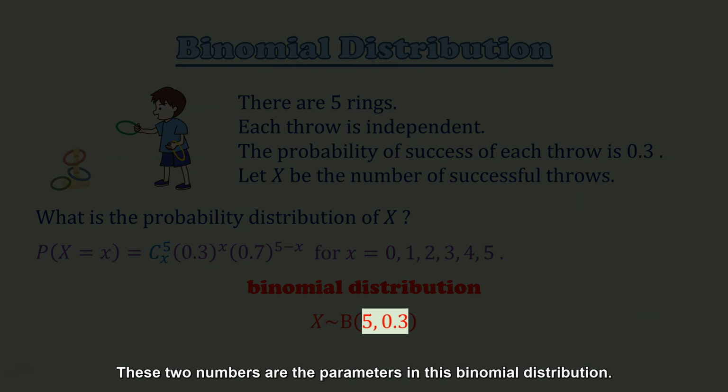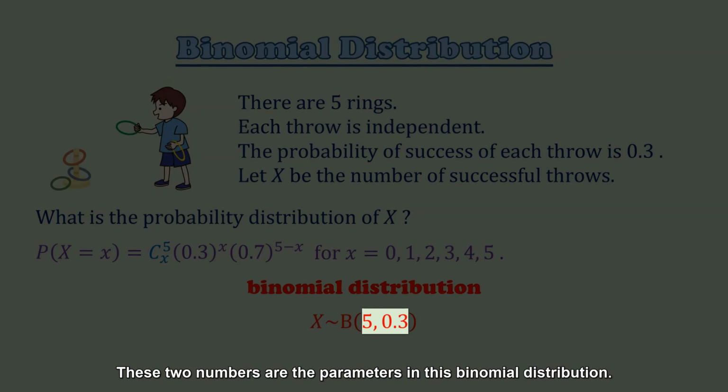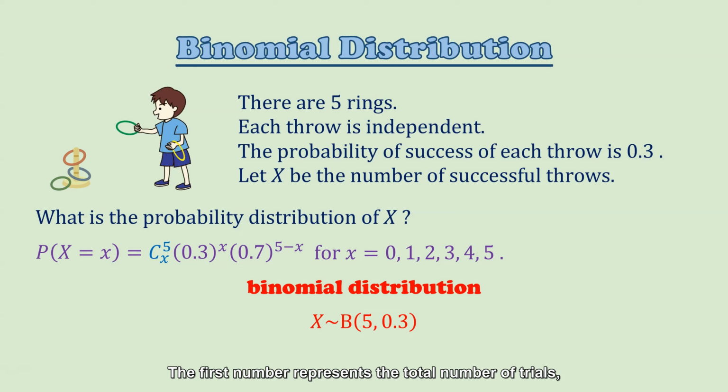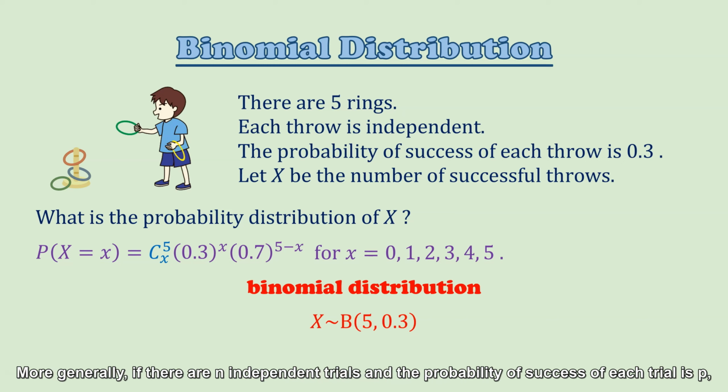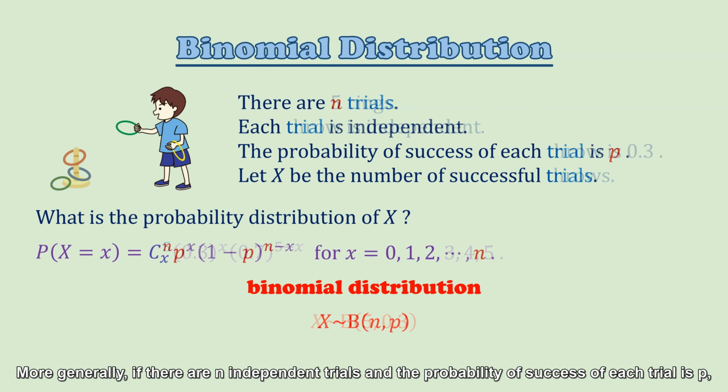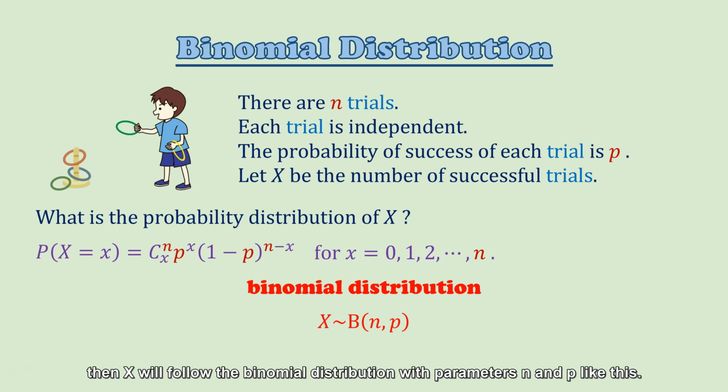These 2 numbers are the parameters in this binomial distribution. The first number represents the total number of trials, and the second number represents the probability of success of each trial. More generally, if there are n independent trials and the probability of success of each trial is p, then X will follow the binomial distribution with parameters n and p like this.